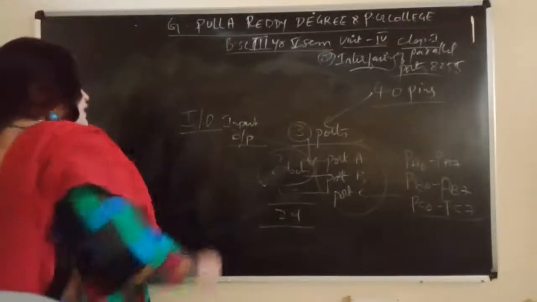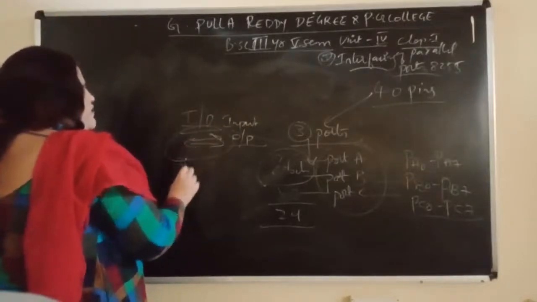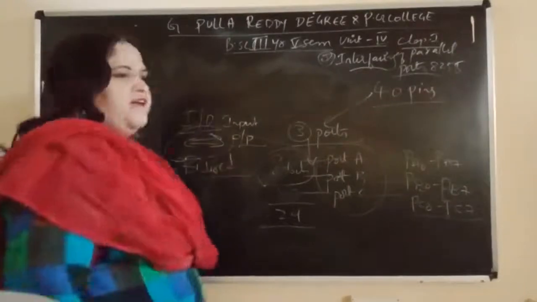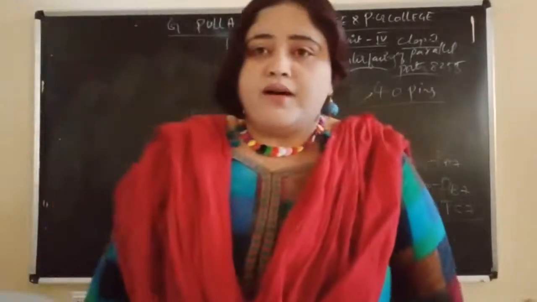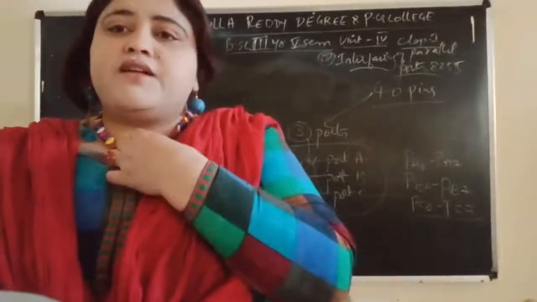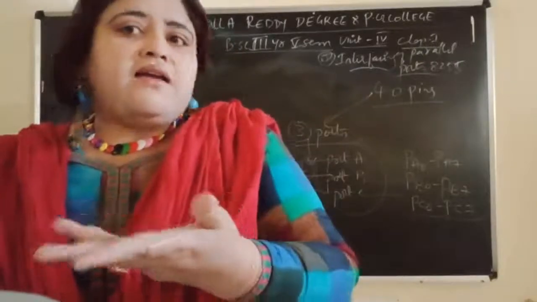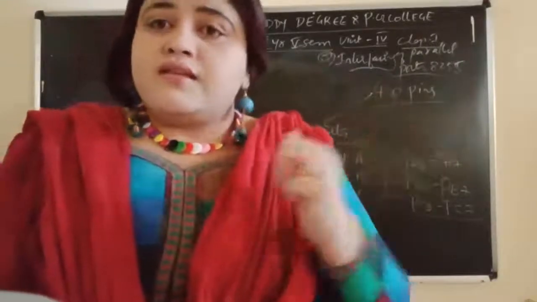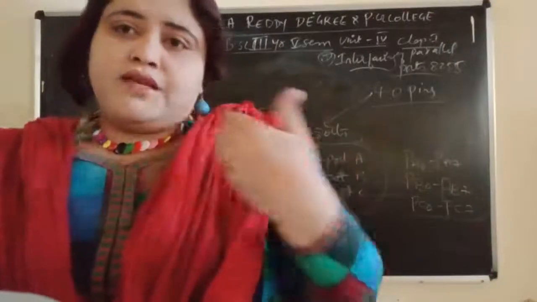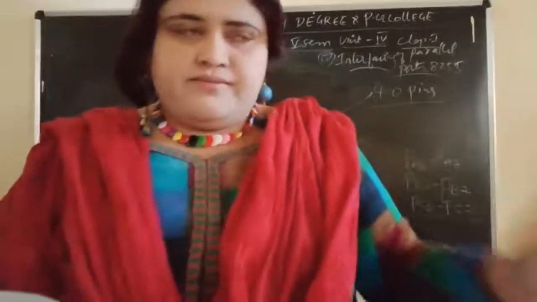Including that, it can also work as bidirectional. What do you mean by bidirectional? Bidirectional means simultaneously you can send the data and simultaneously you can receive the data. That is bidirectional. Bidirectional means inputting and outputting is done with port A.